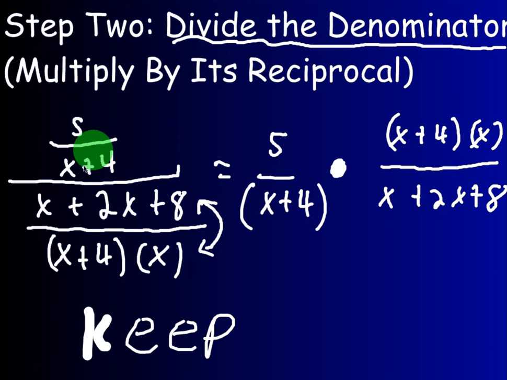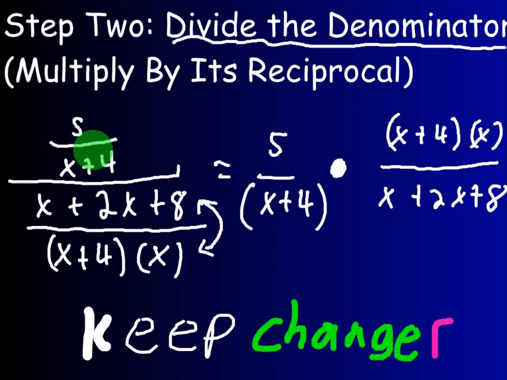You change the division sign to multiplication. And the third thing you do is flip the bottom. So we are flipping the bottom, and it's going to become x plus 4 times x, so flipping it, the bottom becomes a top, over x plus 2x plus 8.